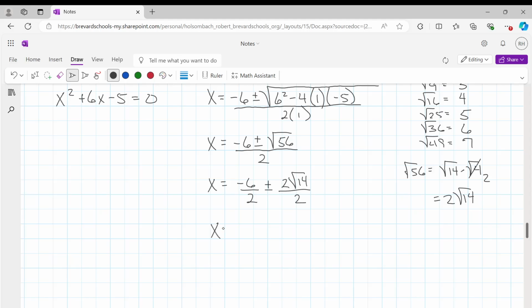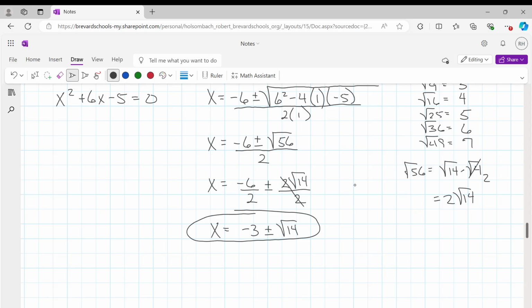So our x is equal to negative 6 divided by 2 is negative 3 plus or minus, in this 2 radical 14 over 2, these 2's cancel. So what we're left with is just the square root of 14. And that is your solution. Negative 3 plus or minus radical 14. That would be negative 3 plus radical 14 and negative 3 minus radical 14.